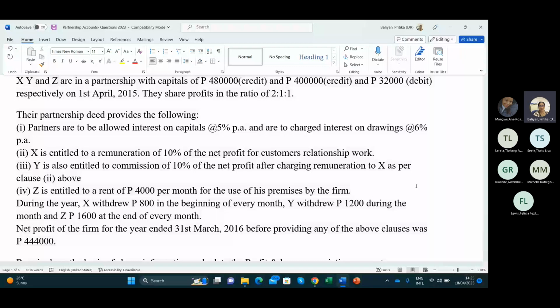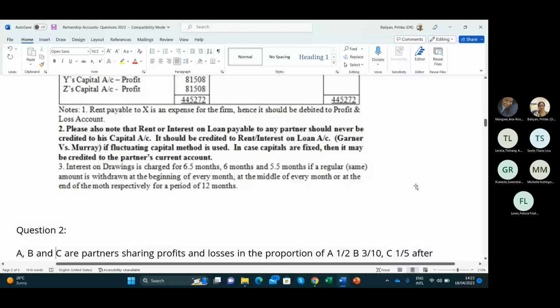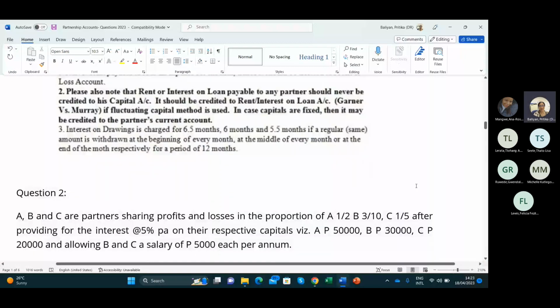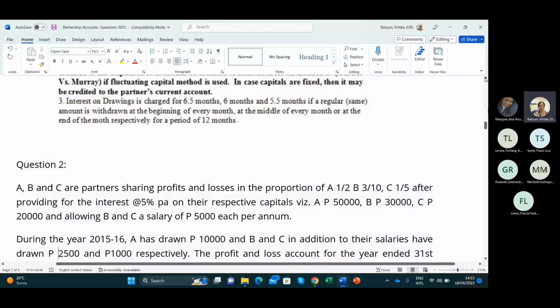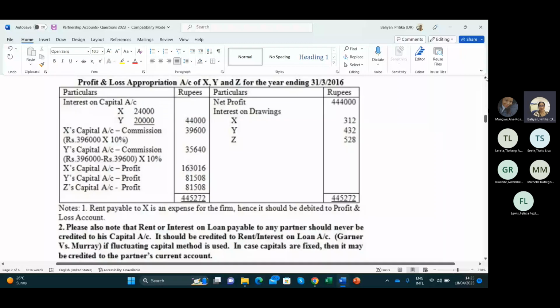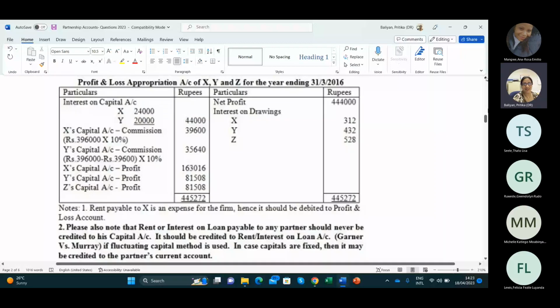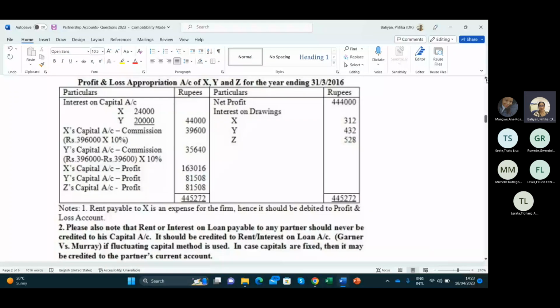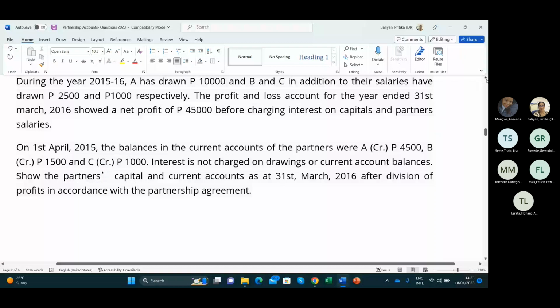So first of all, we will enter the capital and charge interest on capital. Because X and Y only have the surplus balance, but Z does not have a surplus balance, that's why we only calculate the interest on capital for X and Y, right?